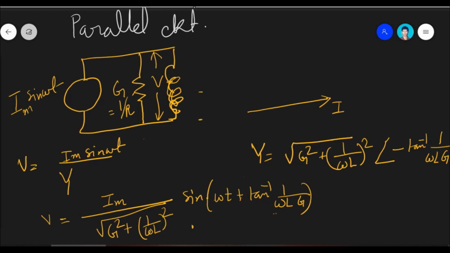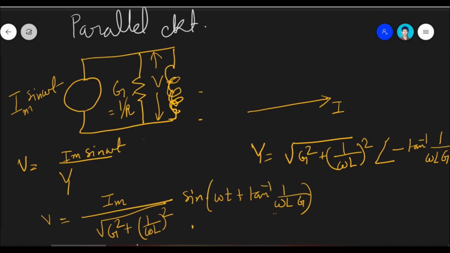So this is our current reference. Now for omega is equal to 0, see, your voltage is 0, right? But what about the phase? Phase is 90 degree.